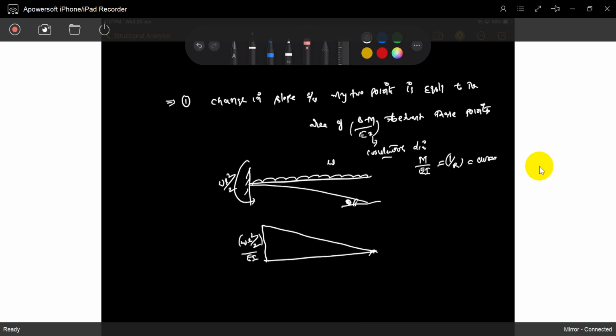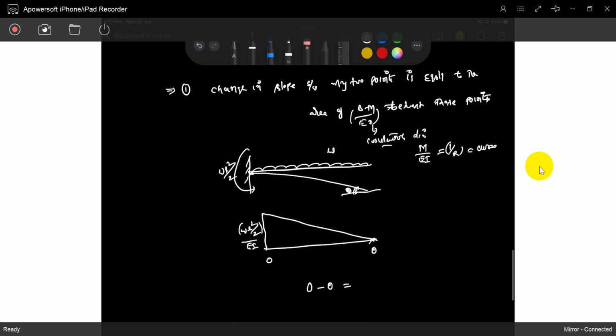See, this has a slope of theta, and at this point theta is 0. So 0 minus theta is equal to the area. What is the area? W L square by 2EI, multiplied with L, multiplied with half.